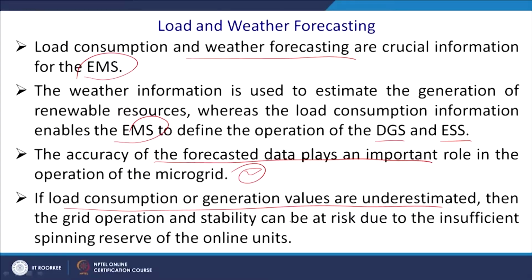So, if you do not consider that some kind of load might be uncontrollable and they put up this load to a great extent and you do not have that information, then you will make the whole system vulnerable. So, for this reason we require to track that information, like in a part of the microgrid.